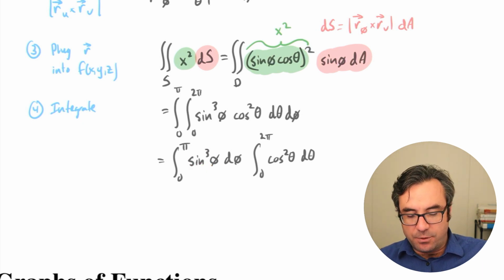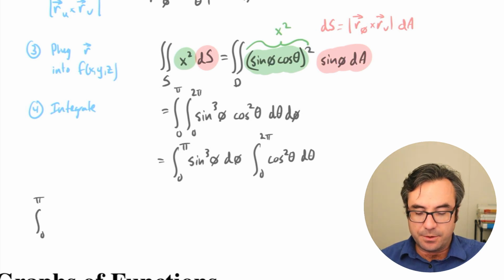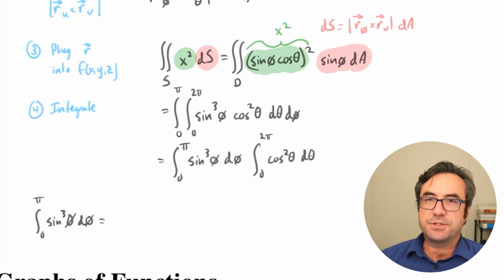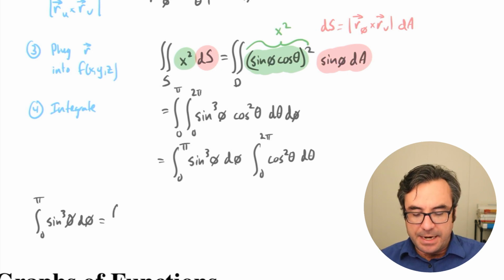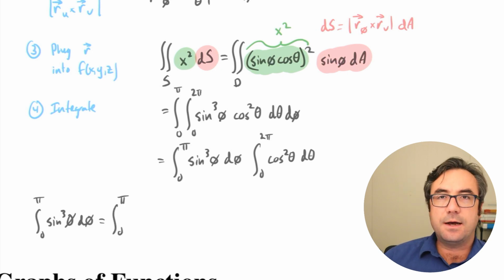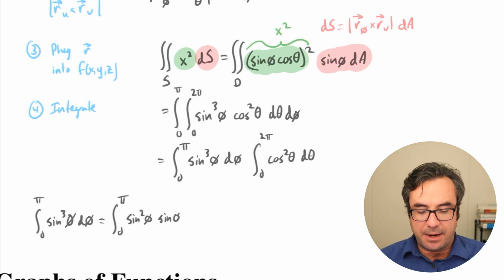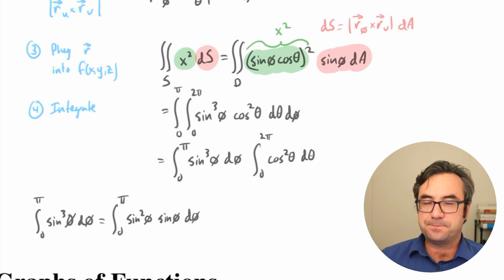So let's just work on this one off to the side. We're doing the integral from 0 to pi of sine cubed. When we have an odd power, the idea with an odd trig integral like this is we peel off one copy of our odd power and put it next to our differential.